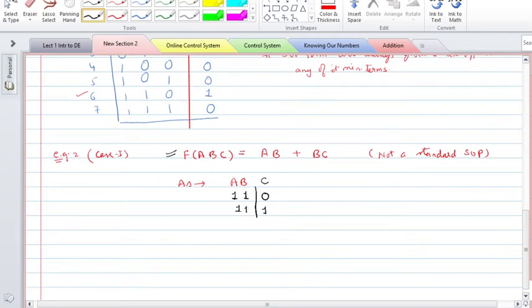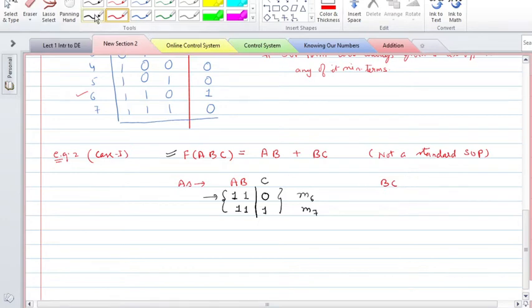So the two terms we get here are min term M6, because this reflects the decimal value 6, and min term 7. Similarly, for this BC, in BC A is missing.